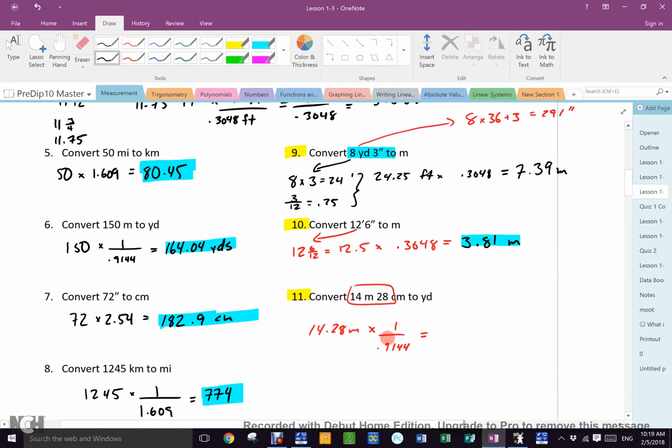If you just do this calculation, what do you get? If you just do this, what number comes up on your calculator? 15.62, yes? Does that answer show me you know how to convert between systems?